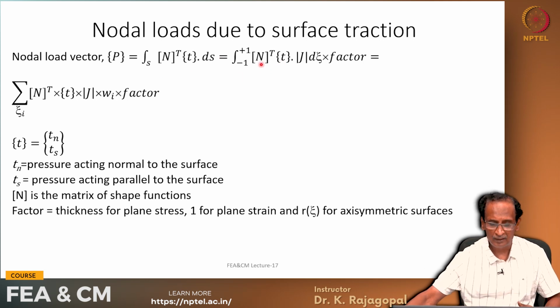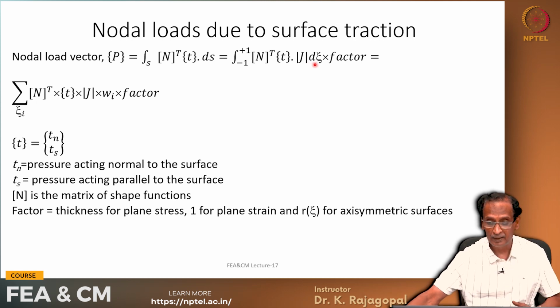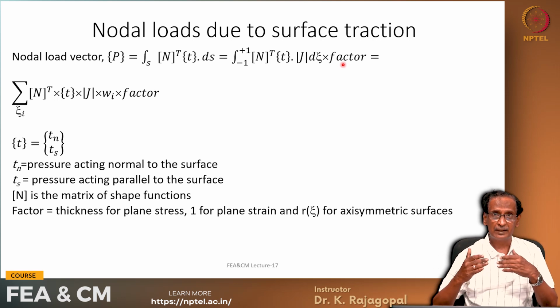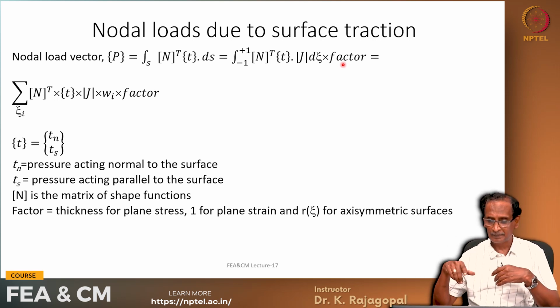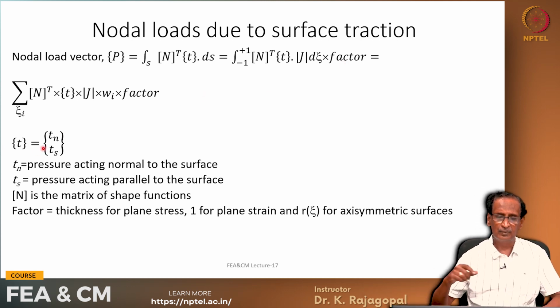Here it is N transpose T, where T is the traction vector, J is the Jacobian determinant, d xi, and then the factor is the thickness for plane stress, 1 for plane strain, and the radius for the axisymmetric case. And this traction could be a normal traction or a shear traction.